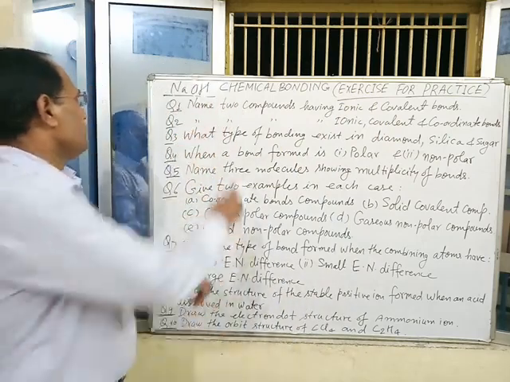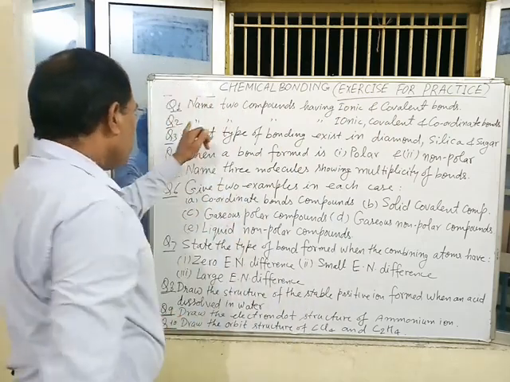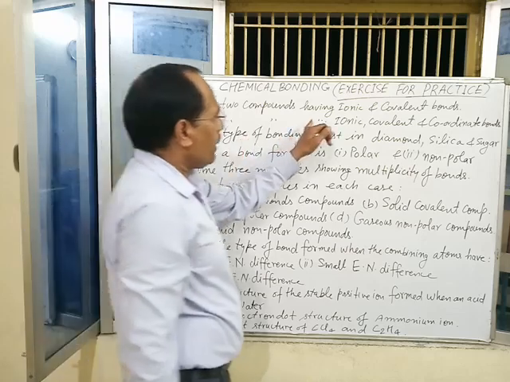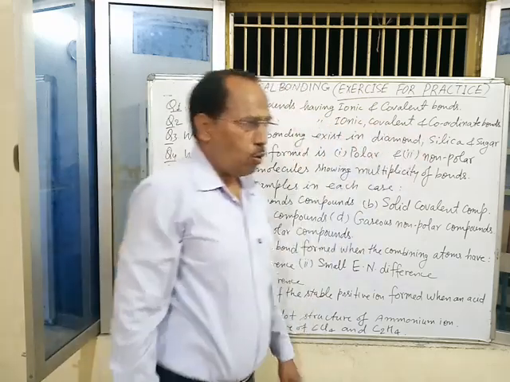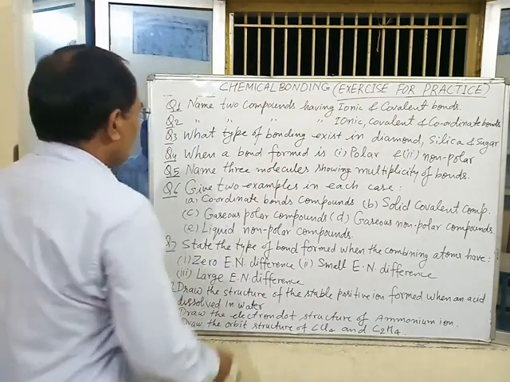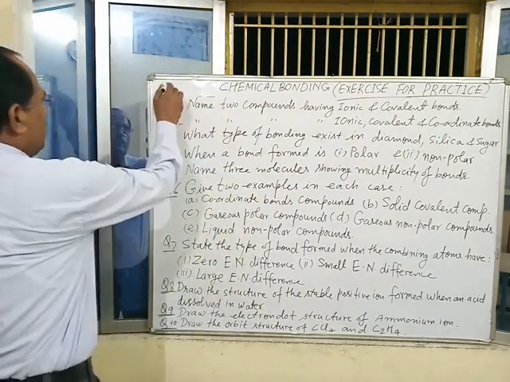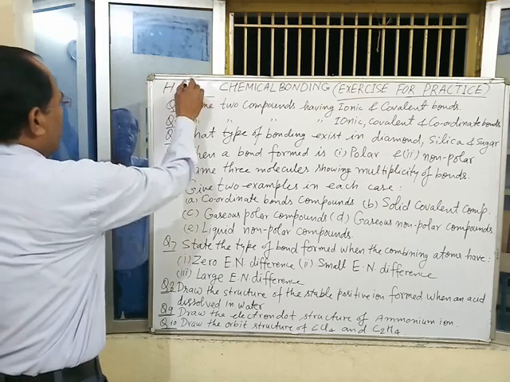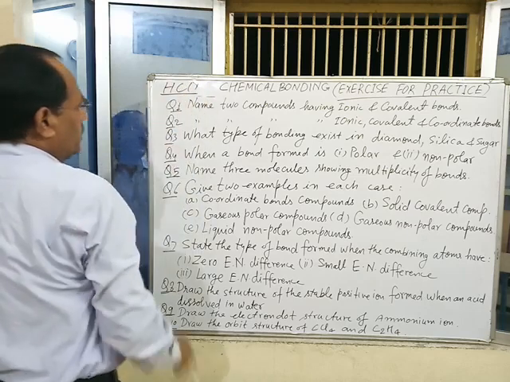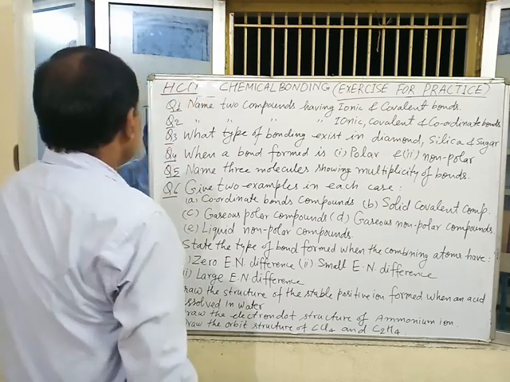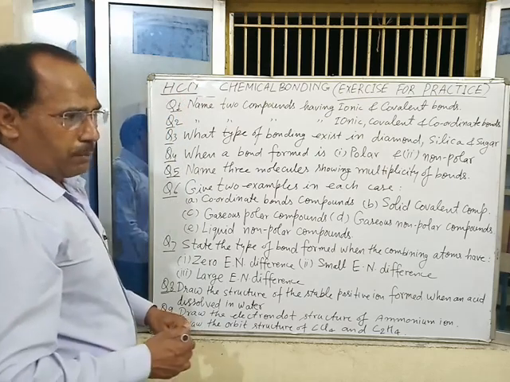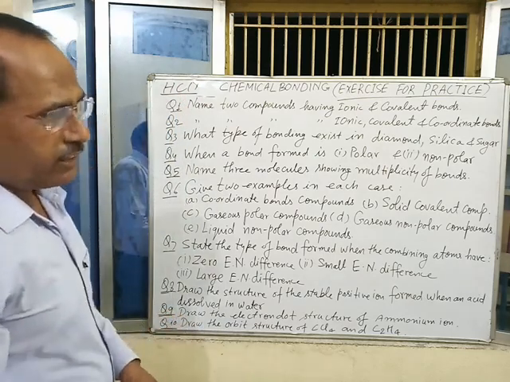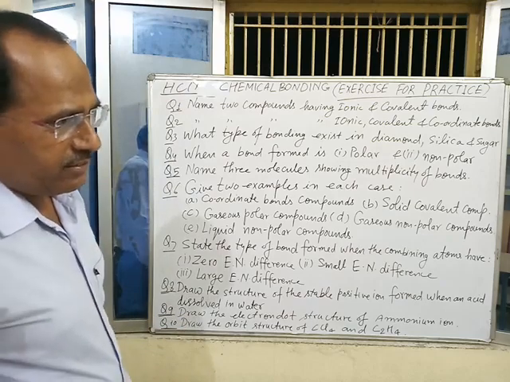Next question is: name two compounds having ionic, covalent and coordinate bond. For this question, your answer HCl is incorrect. It is an incorrect answer, because in this only ionic and covalent bonds are present. KCl is also incorrect.